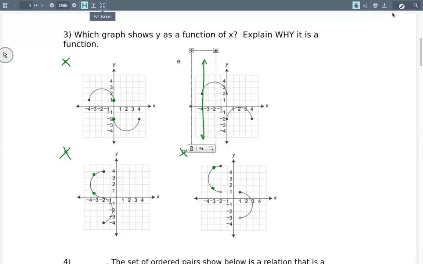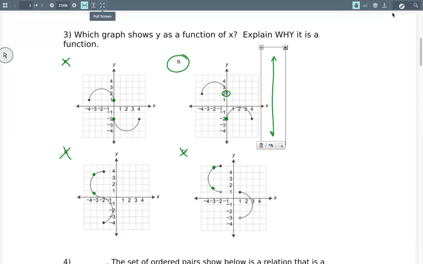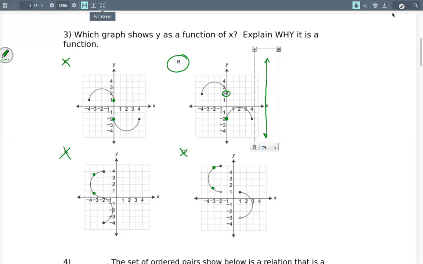Now, why is B acceptable? Because there's an open circle. This circle is open, and this one is closed on the bottom half. So it actually doesn't touch in two places. And that is why, okay? Because it passes the vertical line test.